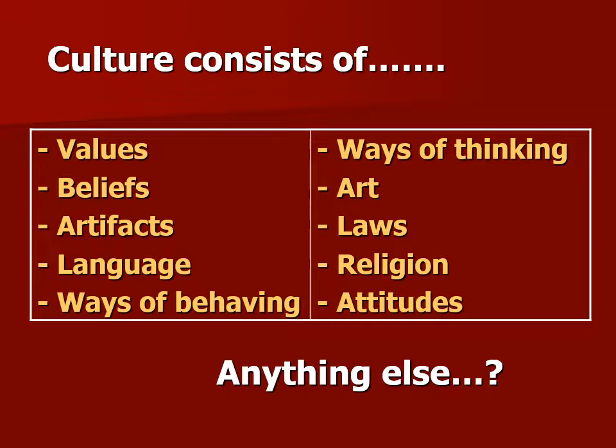Artifacts are man-made things in a society. For instance, the fact that we drive cars to get places. Is that part of our culture? Absolutely. So, can you think of anything else that's part of culture? This is a pretty good summation of what culture consists of.